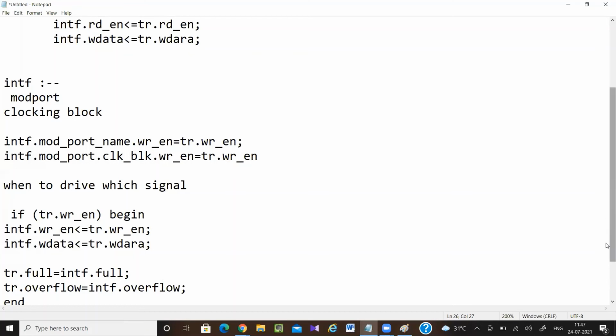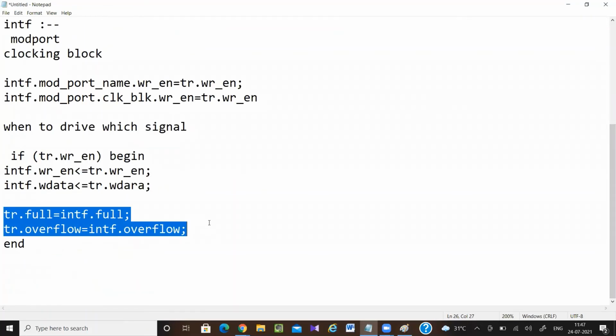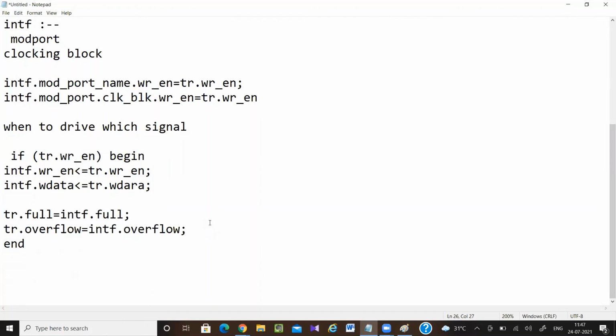So these two lines are optional. In the monitor it is compulsory, but in the driver it is optional. So it's up to you for this part, but this other part is necessary.